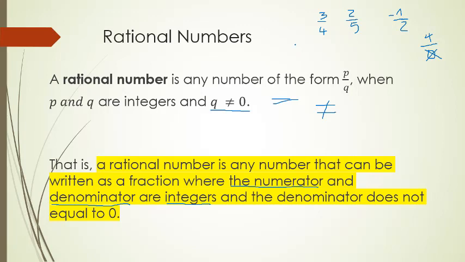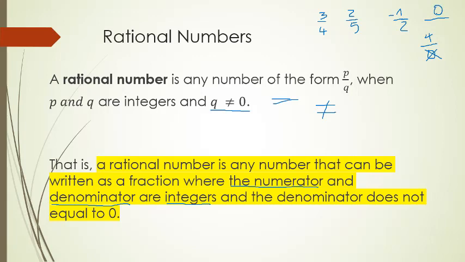The set of integers says that we have all of the negative numbers, 0, and all of the positive numbers. And this is what it means. It means that the numerator and the denominator can be any number, positive or negative, but the denominator can't be 0. But you may ask the question, what about the numerator?